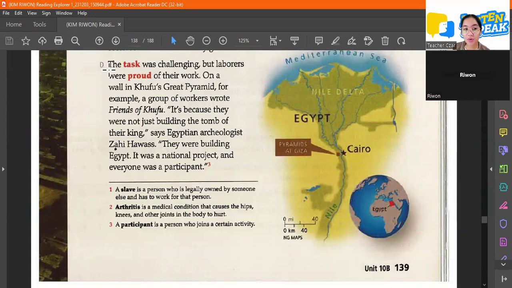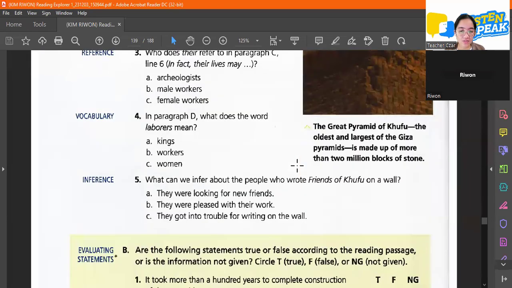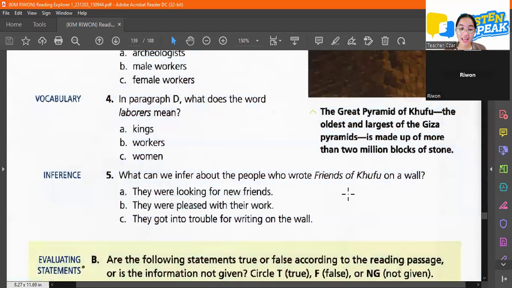So they were proud of their work. On a wall of Khufu's Great Pyramid, for example, a group of workers wrote Friends of Khufu because they were proud of their work. That's why they wrote it on the wall. Okay, do you get it? Do you have any more questions here? No. Okay, so the answer in number 5 is that they were proud or pleased with their work.